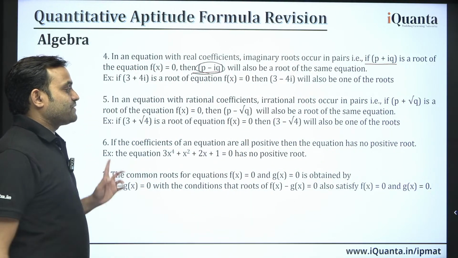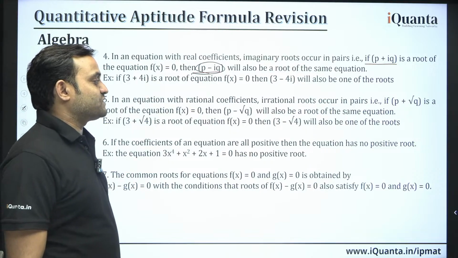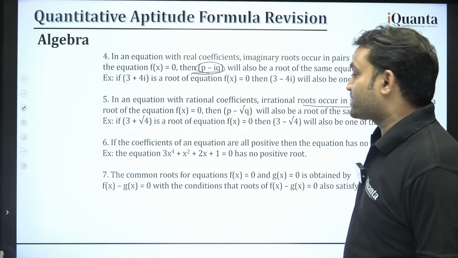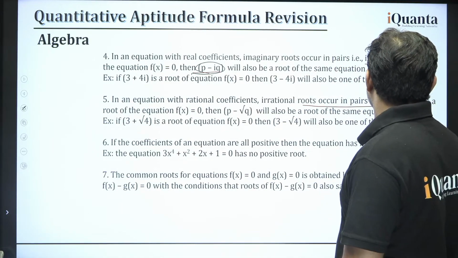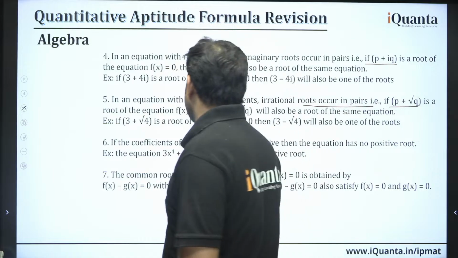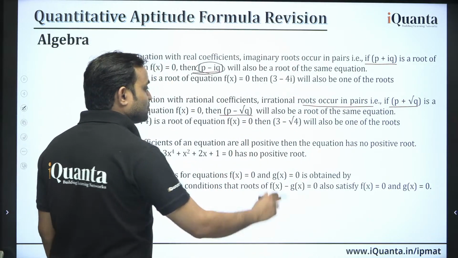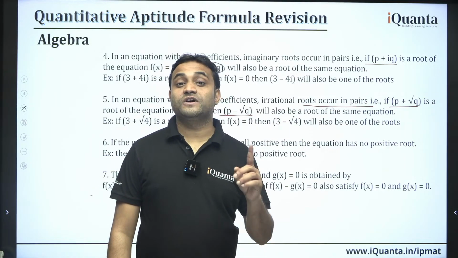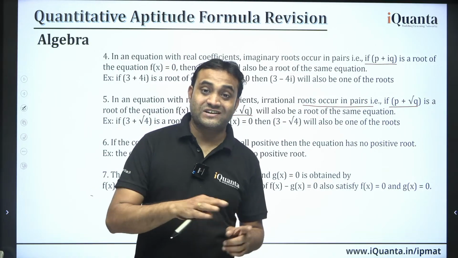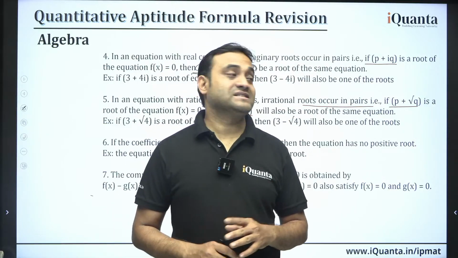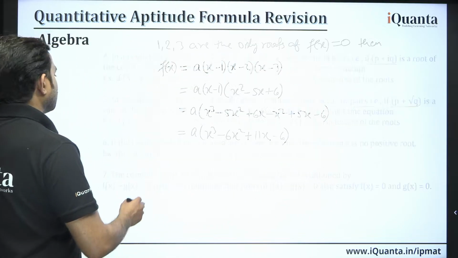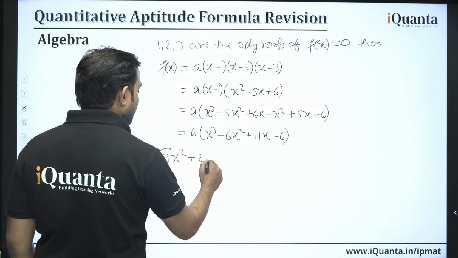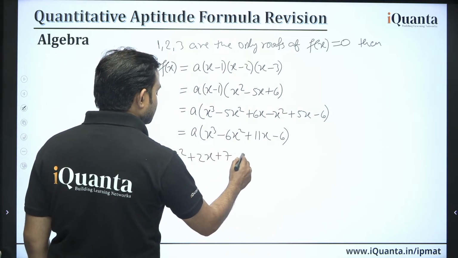Fifth point: in an equation with rational coefficients, irrational roots occur in pairs, okay. If p plus root 2 is a root of the equation, then p minus root 2 will also be a root of the same equation. Remember, if the coefficients are rational, not irrational. It can't be that you are talking about root 3 x square plus 2x plus 7 equal to 0.